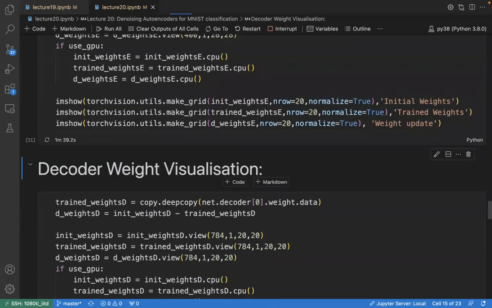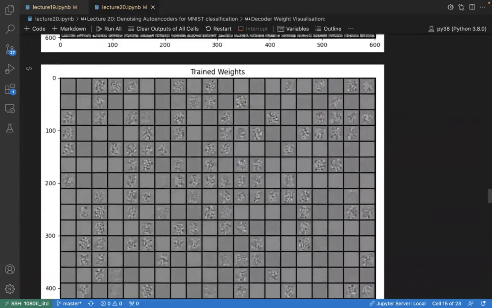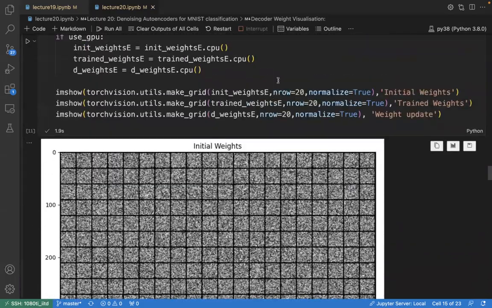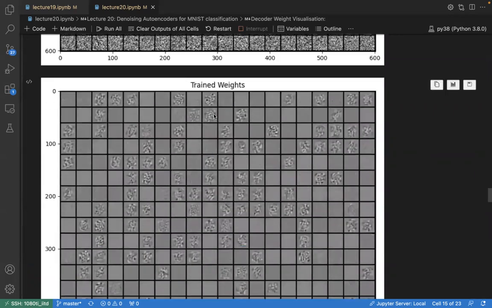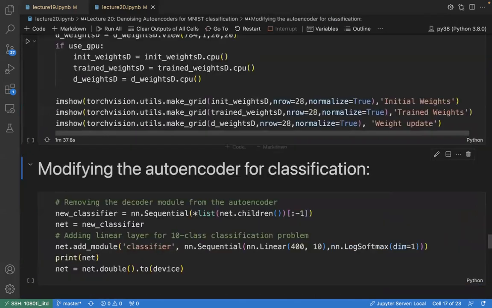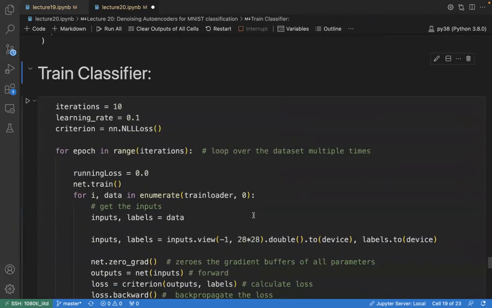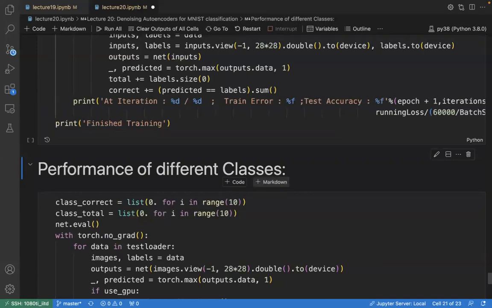We'll visualize these weights. Okay, you can see the initial random weights and the trained weights, and it has some pattern. Similarly, you can visualize the decoder weight, and we can modify the autoencoder for classification. But I guess this is the same thing that they're doing, just attaching a new layer on top of that.